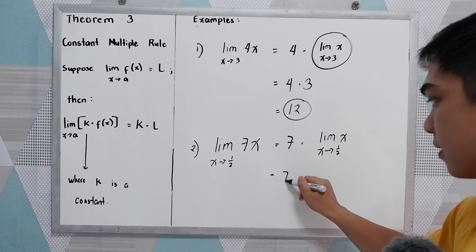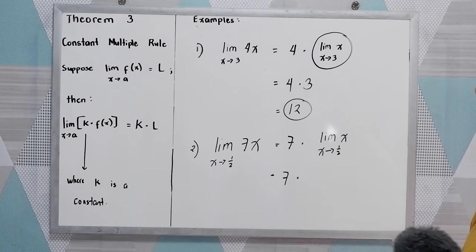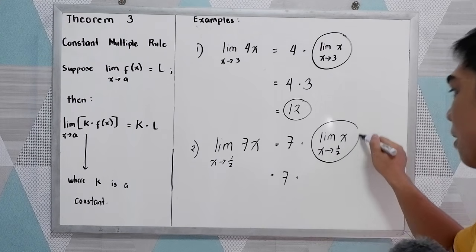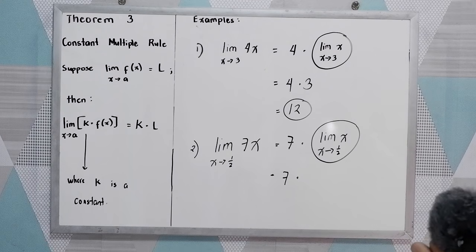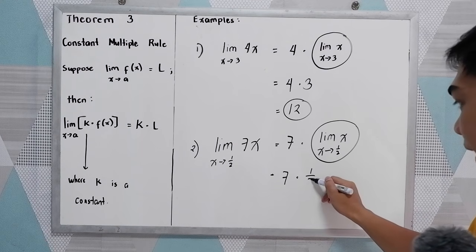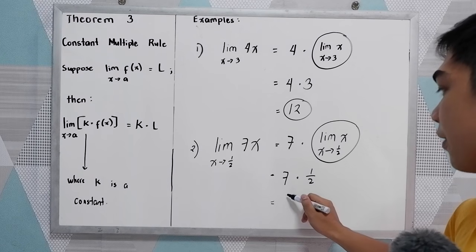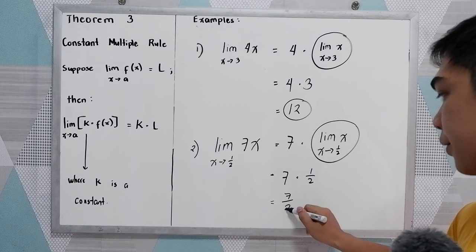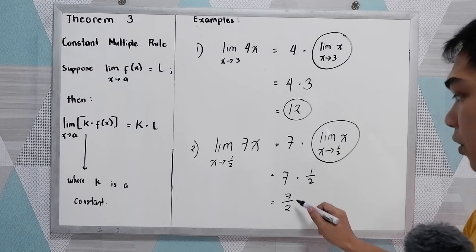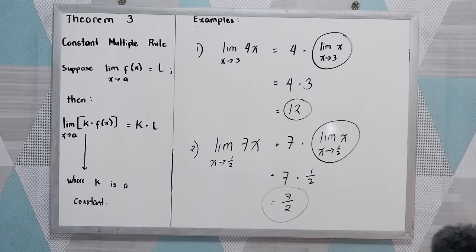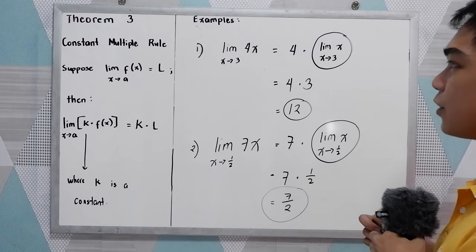So copy the constant times, get the value of this, applying the theorem number 2, that is equal to 1/2. So we have 7 over 2. 7 times 1 over 2, that is 7 over 2. That is the value of our limit.